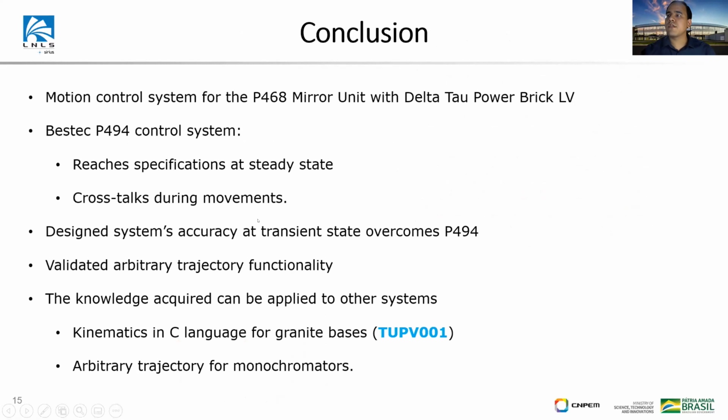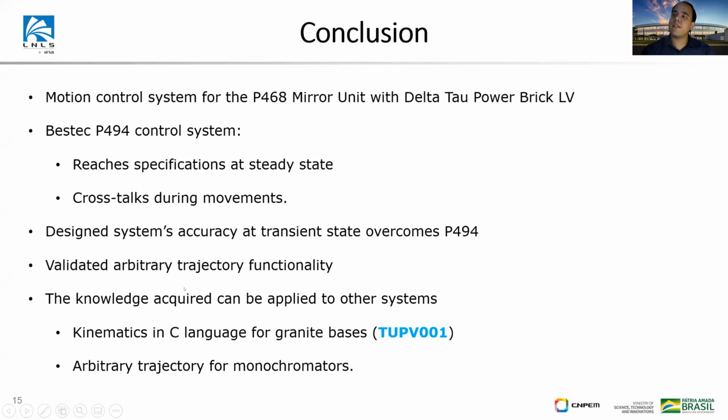But the crosstalks during the transient states in movements are quite notable, which makes it not feasible for fly scans, for instance. The designed system's accuracy at the transient state overcomes the P468 from Bestec. So we validated that our system can be feasible to use on a fly scan.